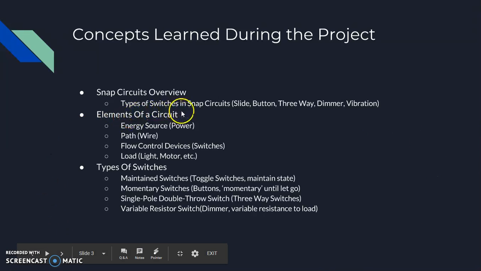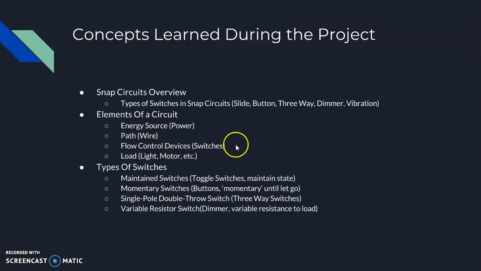Elements of a circuit. In every circuit, you need these four things in order for it to be a complete circuit. Otherwise, it won't work. Obviously you need an energy source, which is your power. That could be something like a switch coming from the wall, or a battery pack.